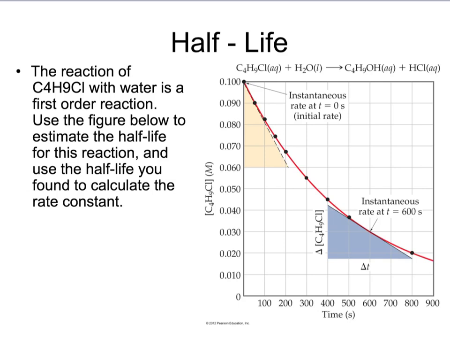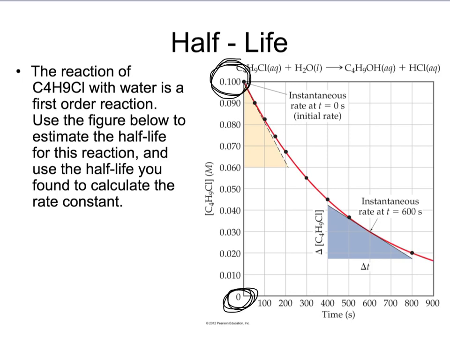So how am I going to figure out what the half-life is based on this graph? We know that the initial, or original, concentration of butyl chloride is up here where time is equal to 0. If my time is equal to 0, I can look up here, and my concentration of butyl chloride is 0.100 molar.